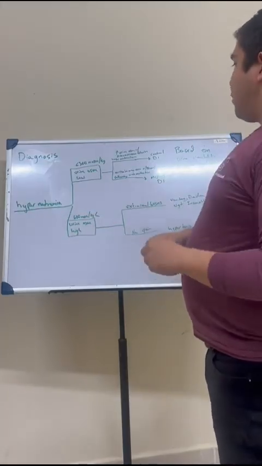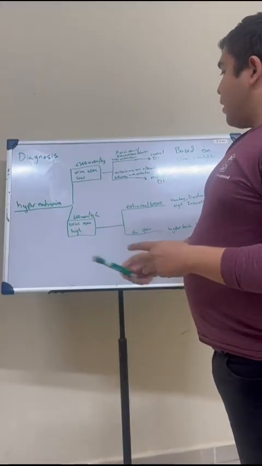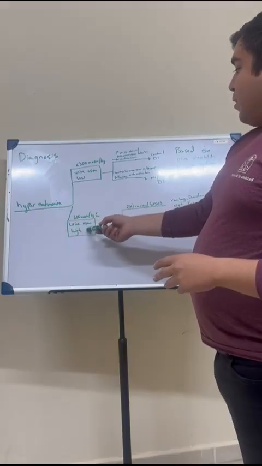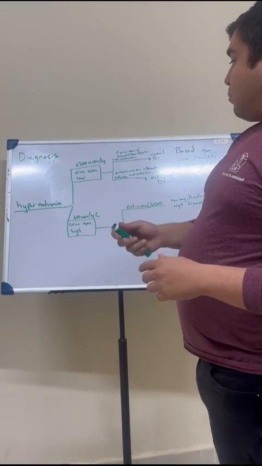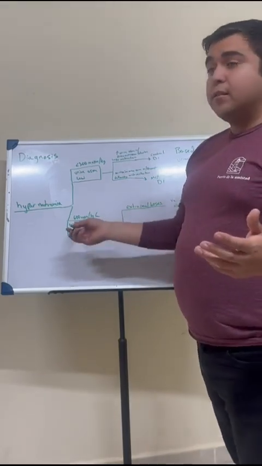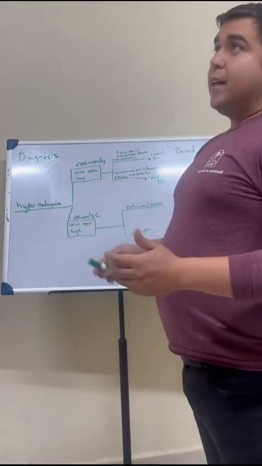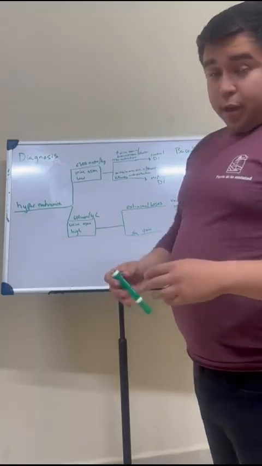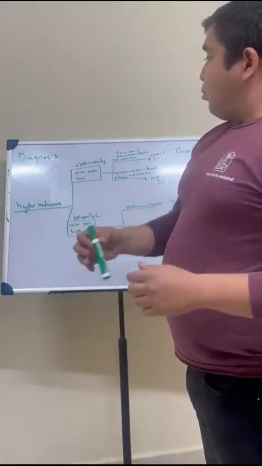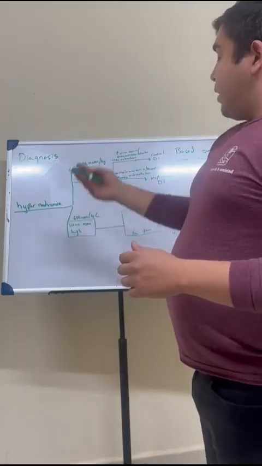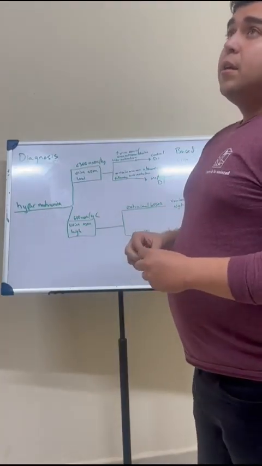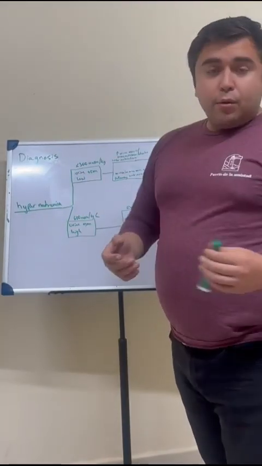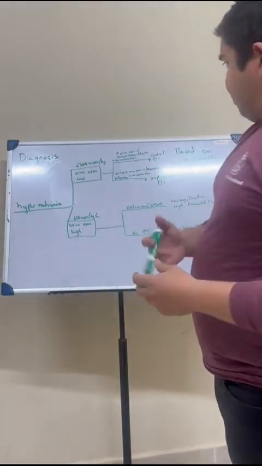So you have hypernatremia, and you have urine with high osmolarity and urine with low osmolarity. High osmolarity is defined as greater than 600 micro-osmoles per kilogram, and low urine osmolarity is defined as less than 300 micro-osmoles per kilogram, right?